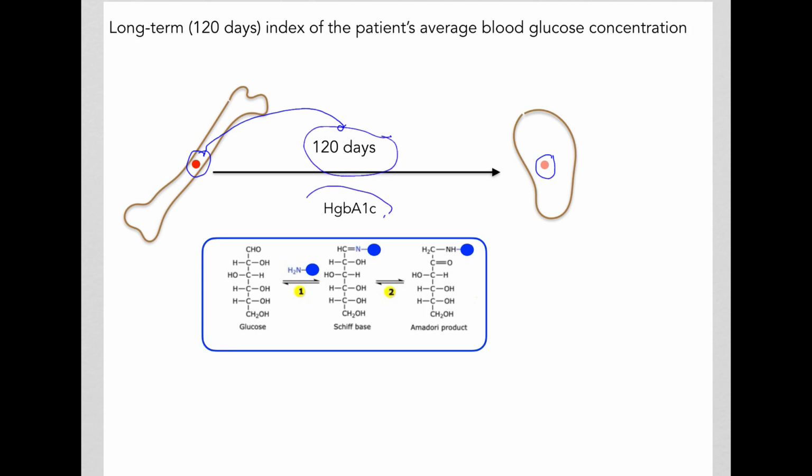So when we measure the A1c levels, it basically tells us a long-term average blood glucose concentration in a person.